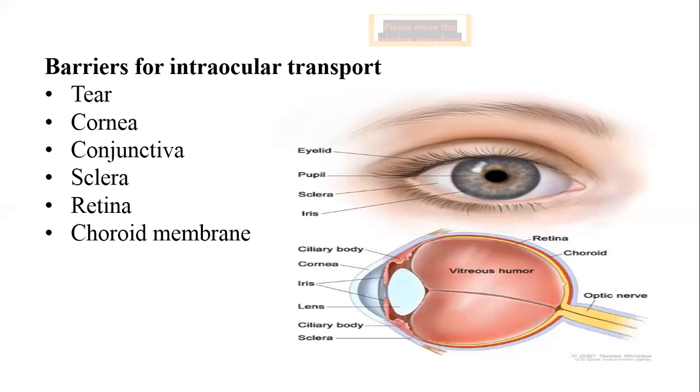It has been shown that as the lipophilicity of the drug increases, the permeability across the cornea or the sclera decreases. Retina is located at the back of the eye. Choroid membrane is rich with blood vessels and its thickness decreases with increasing age.